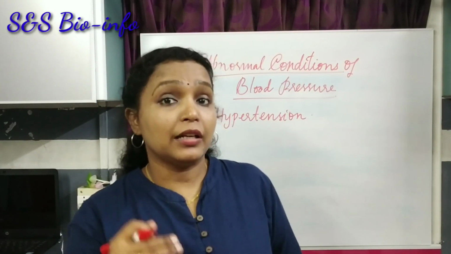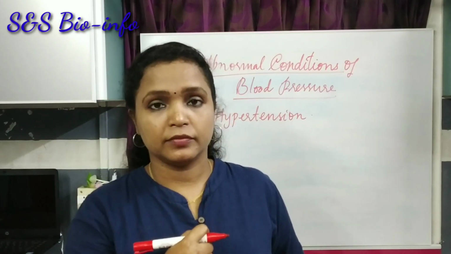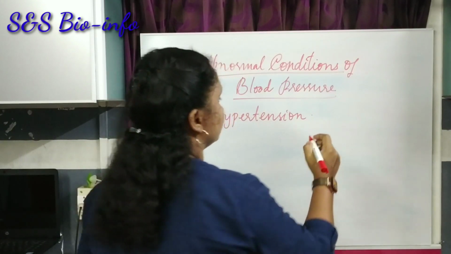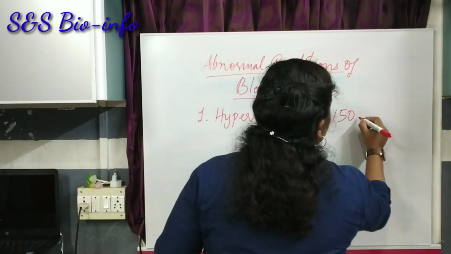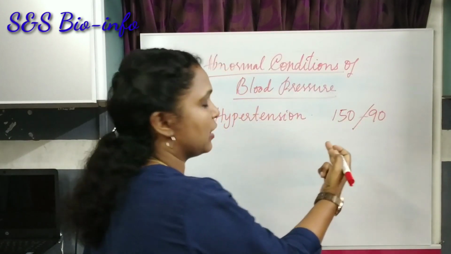It's an abnormal condition characterized by persistent high blood pressure. It is about 150 to 90 mmHg. So otherwise we can indicate it like this, 150/90 mmHg.